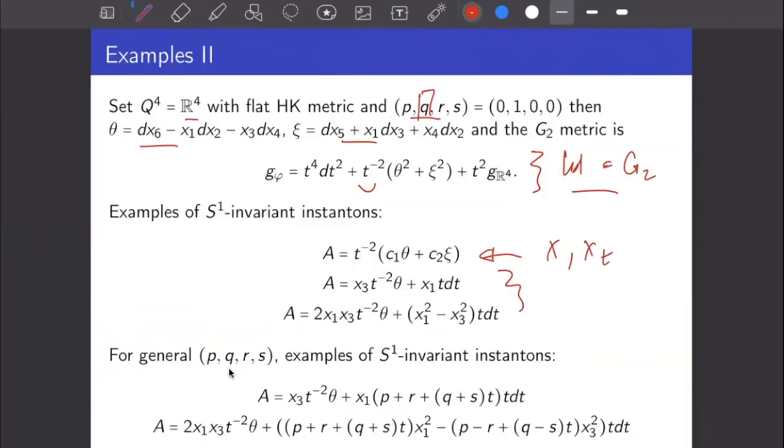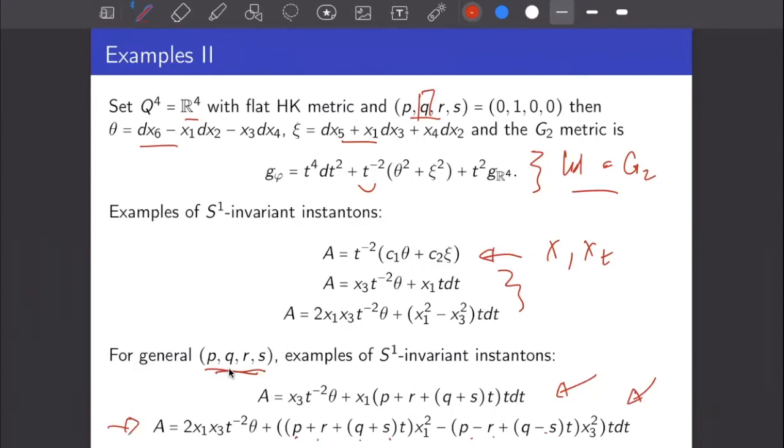And more generally, if we choose any constants P, Q, R, S, then we can again solve the system. It's a bit trickier, but you can still solve it and you find the following families of G2 instantons. So what we're saying here is that these constants P, Q, R, S will not only parameterize a family of G2 metrics by the Apostolov–Salamon construction, but we can also define a family of G2 instantons depending on these constants.